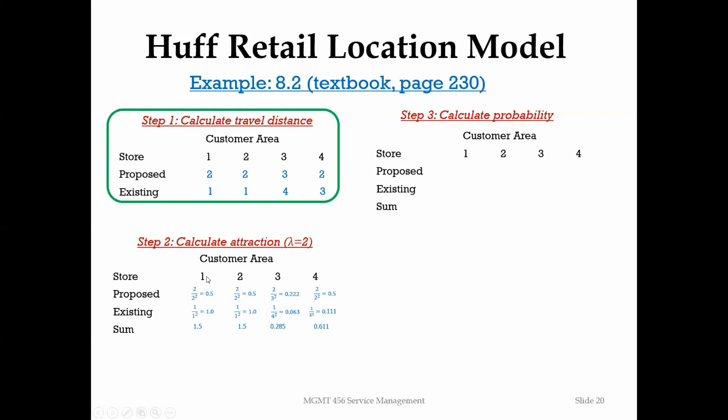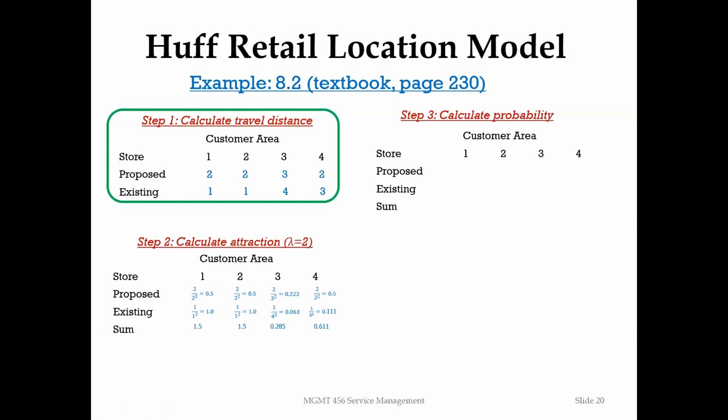For example, for those who live in customer area 1, they have 2 options to shop. One is the proposed store, which has attraction 0.5. The other one is the existing store, which has attraction 1.0. You can see 1.0 is larger than 0.5. That means those who live in customer area 1 are more likely to shop from the existing store and less likely to shop from the proposed store.